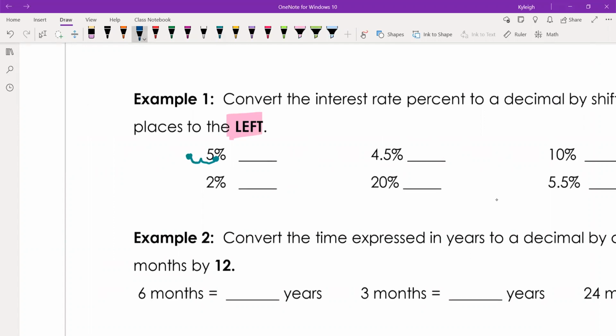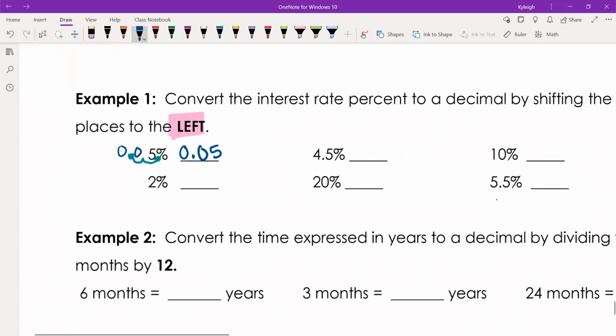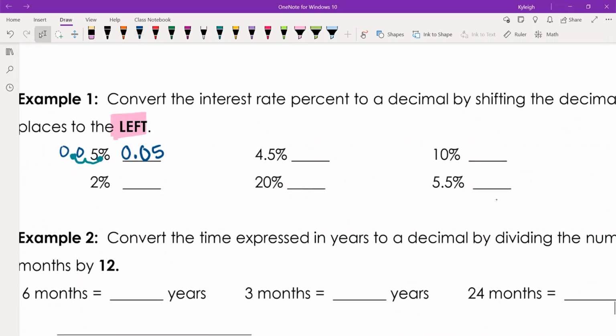There's no number there, so put in implied zeros. So 5% as a decimal is 0.05. 4.5% is already a decimal, but you still move it over once, twice. So now it's 0.045.